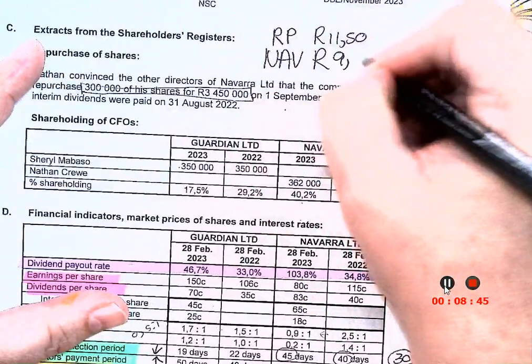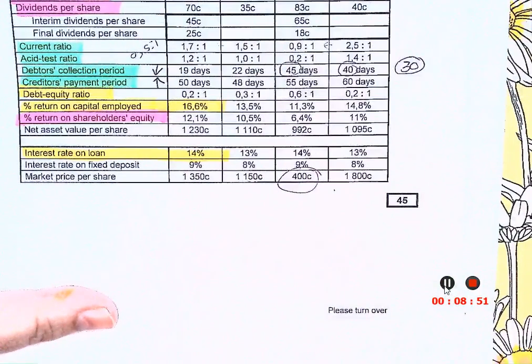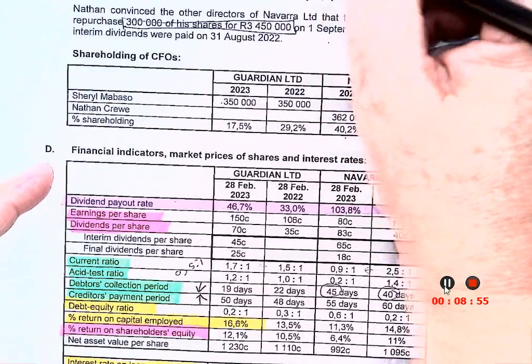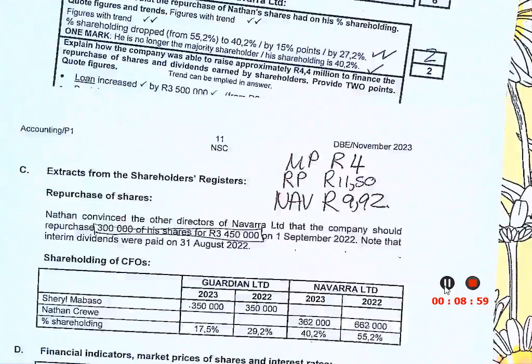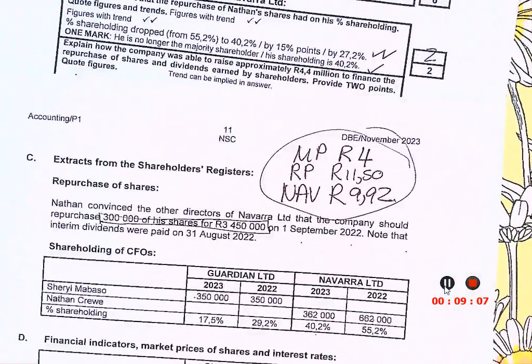Do they give me the market price? Yes, 4 Rand. Can you guys see this? So now I'm asking you, do you see something here? Yes.